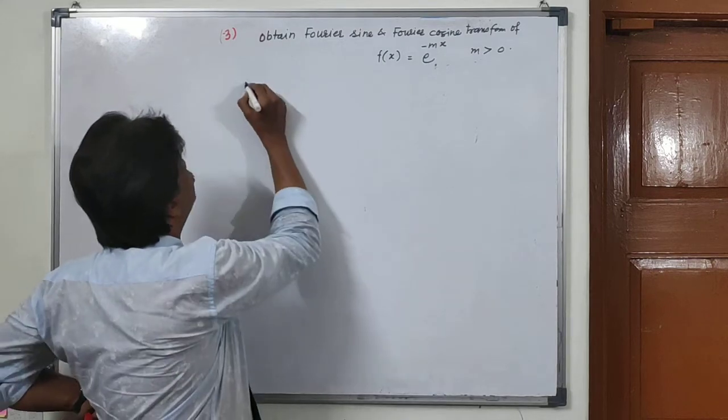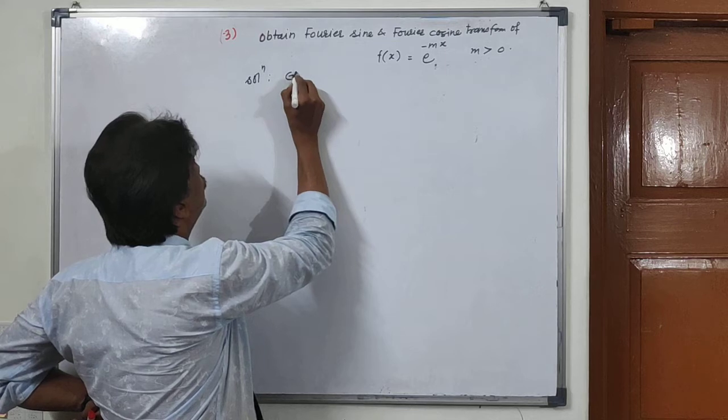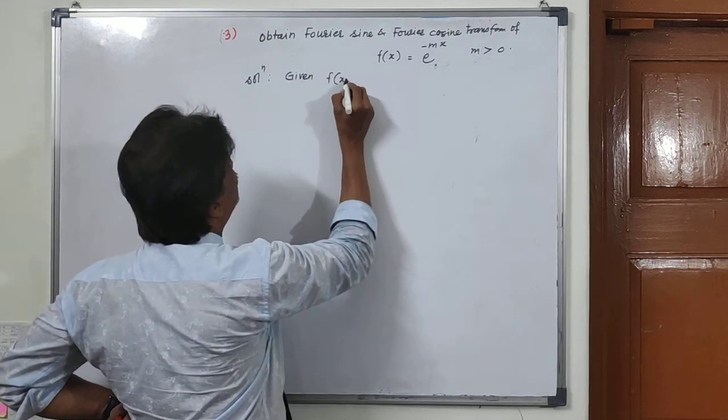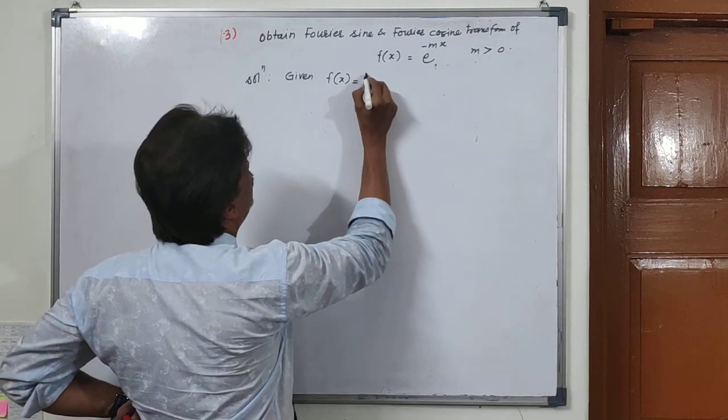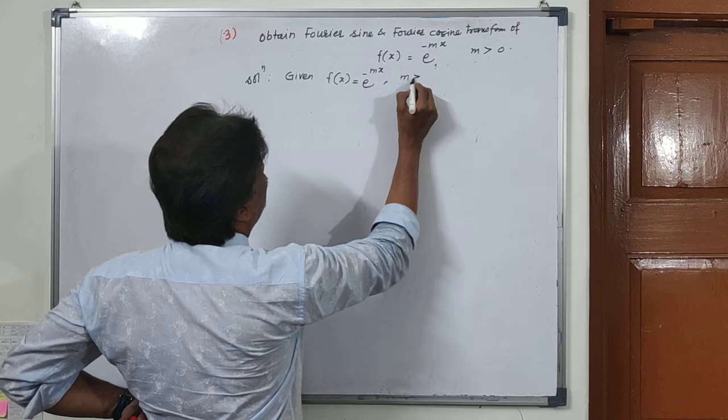Given. What is given to us? f of x is e to the power minus mx. m is positive.